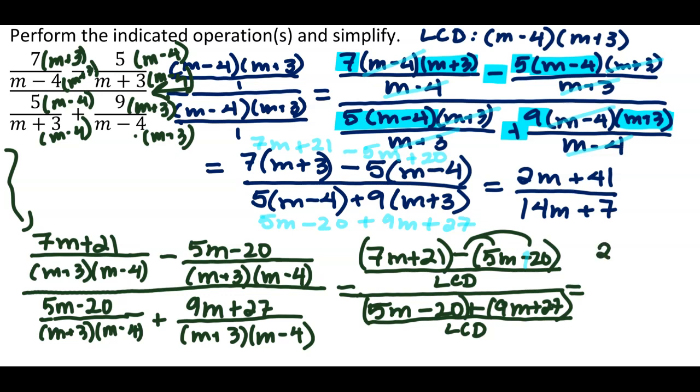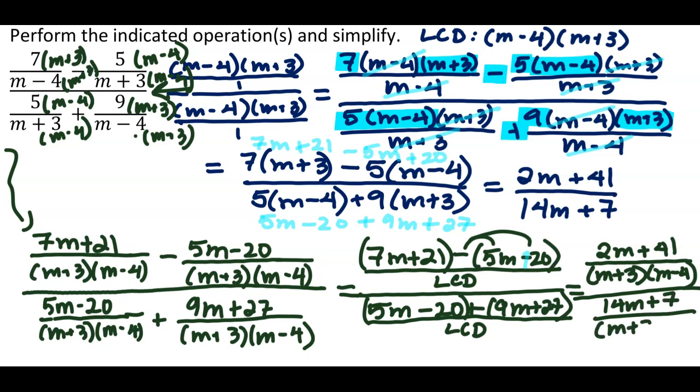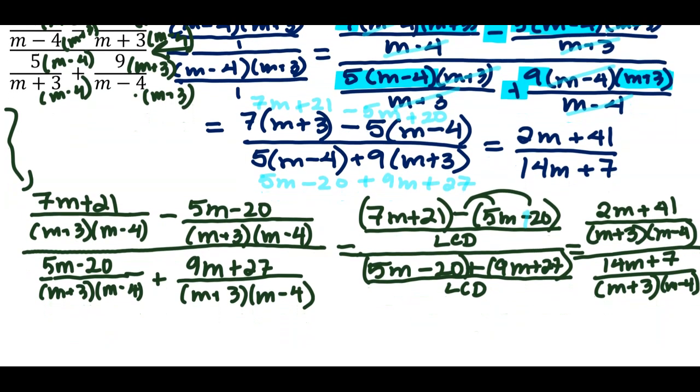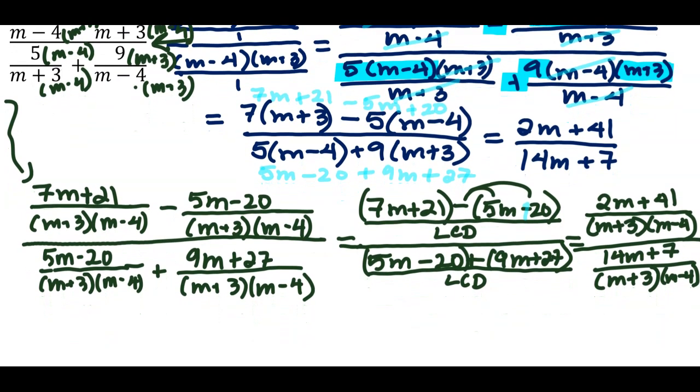I have a 2m, and then it's a plus 21 plus 20, so plus 41, over, I'm going to write the denominators out again, m plus 3, m minus 4, all over 5m plus 9m, so there's a 14m plus 7, divided by m plus 3, m minus 4, and I have just a little extra room here.